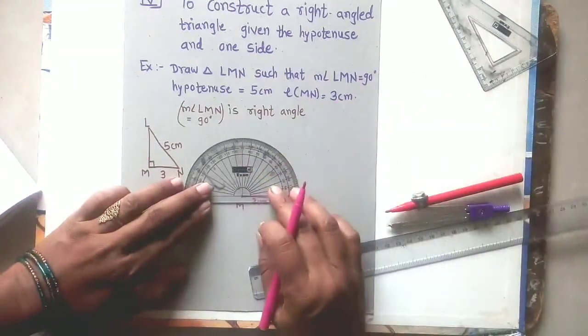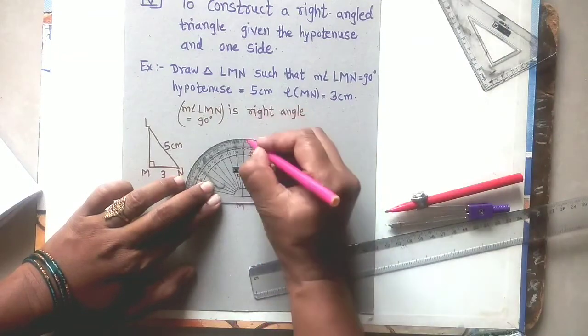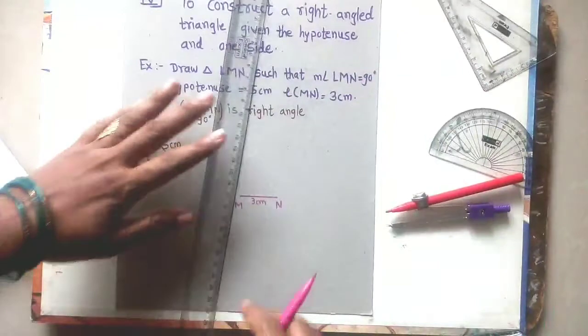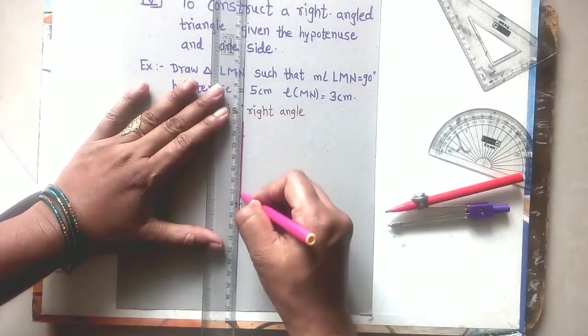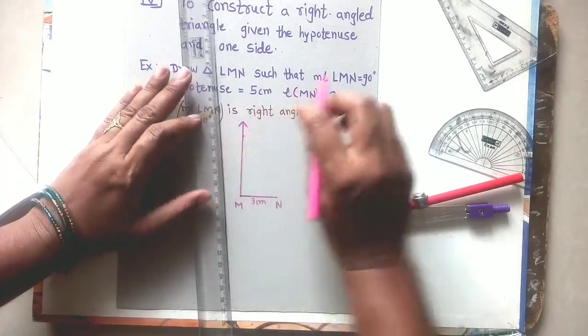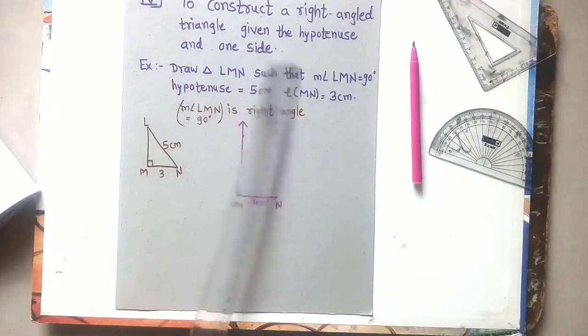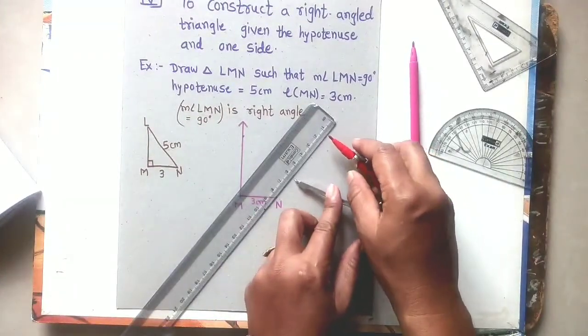At point M of seg MN, draw ray MT to make an angle of 90 degree using a protractor. Take 5 centimeter measure in the compass.